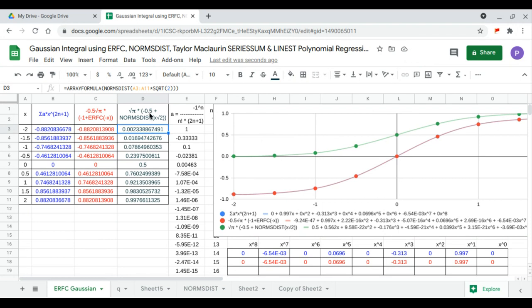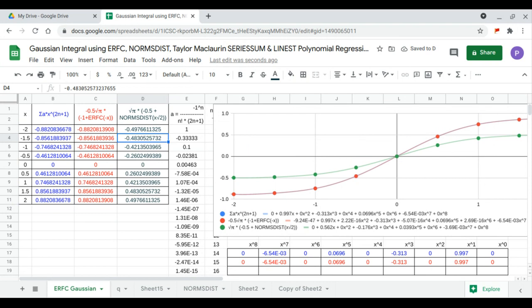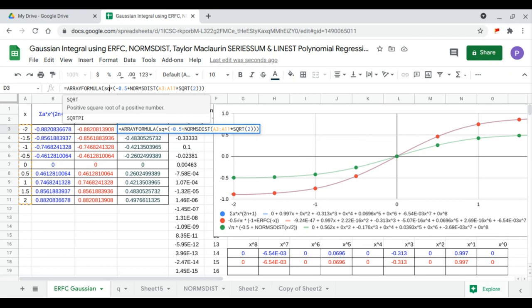We add minus 0.5. So minus 0.5 plus. The next is multiply by square root of pi. So times square root of pi.